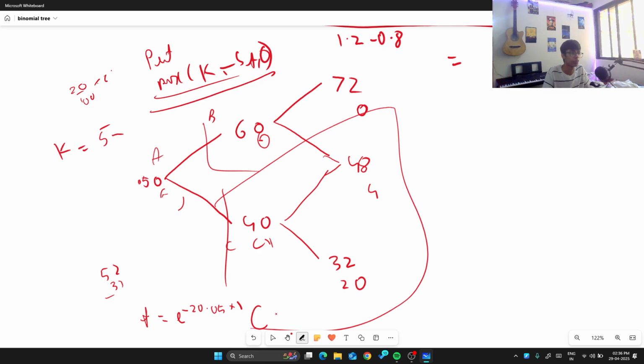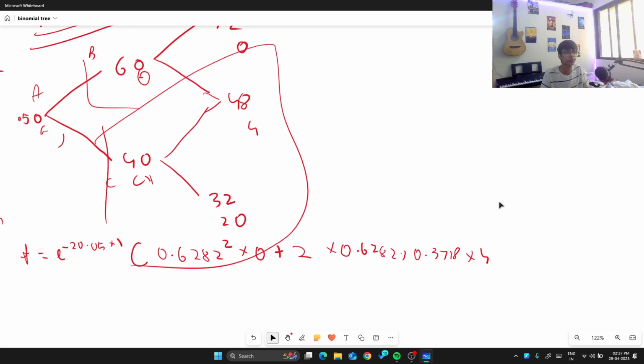So we finally plug in the values: probability of going up squared into 0, plus 2 into 0.6282 into 0.3718 into 4, plus 0.3718 squared into 20, and that gives the value of the put option to be 4.1923.